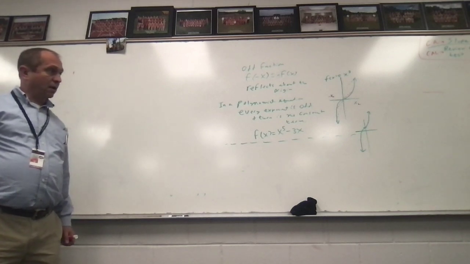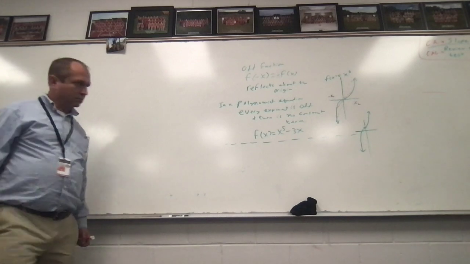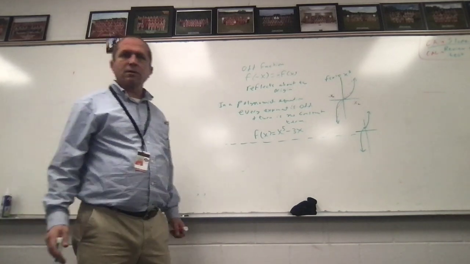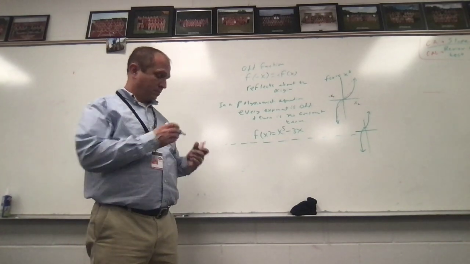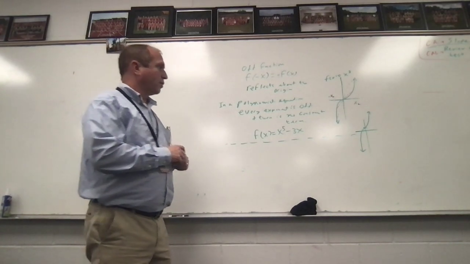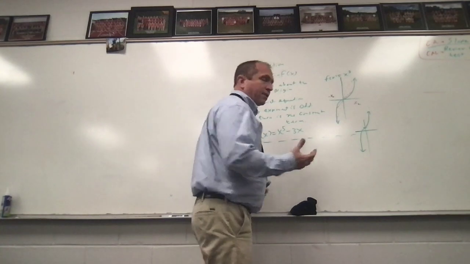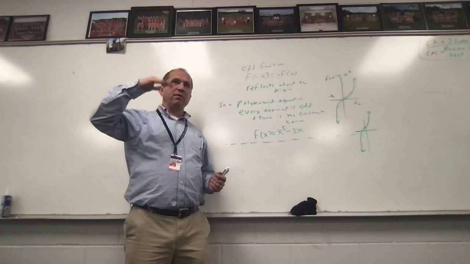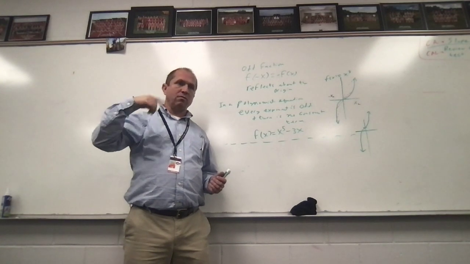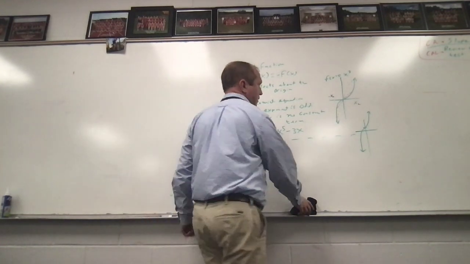So that's a little bit of an example of an odd function. The graph of y, if you remember from trigonometry, y equals sine of x. If you could picture that graph, it reflected about the origin, so it was an odd function.